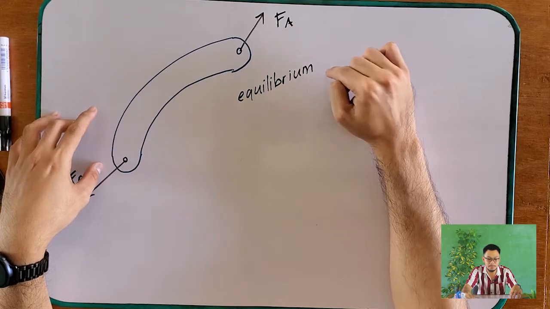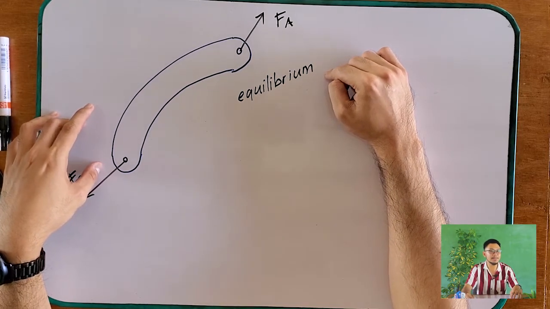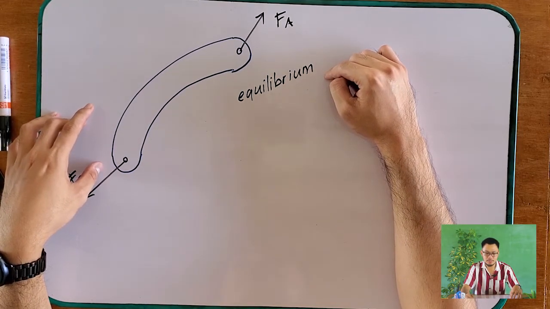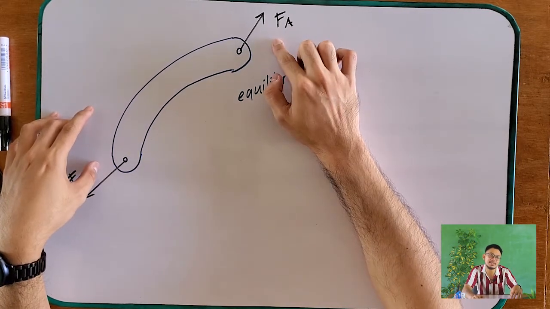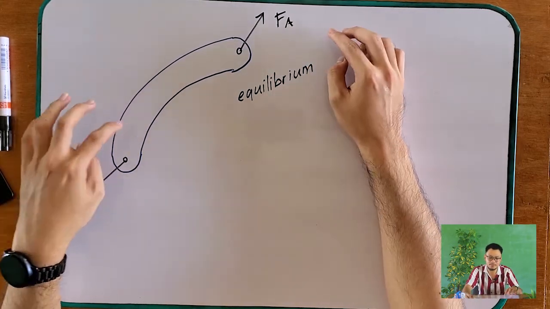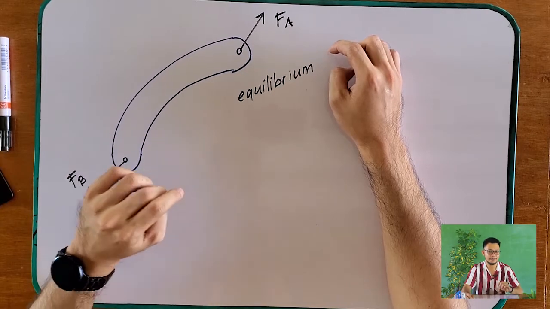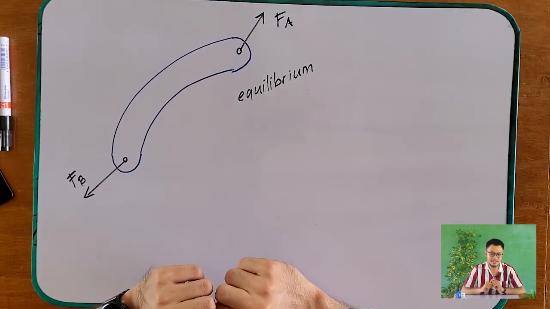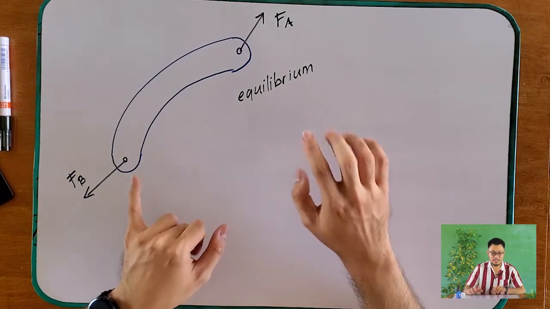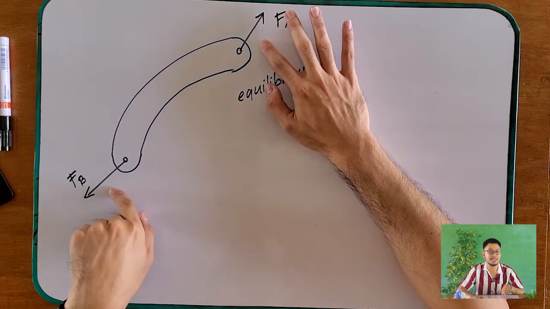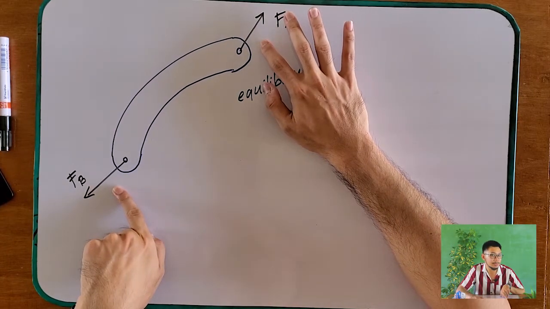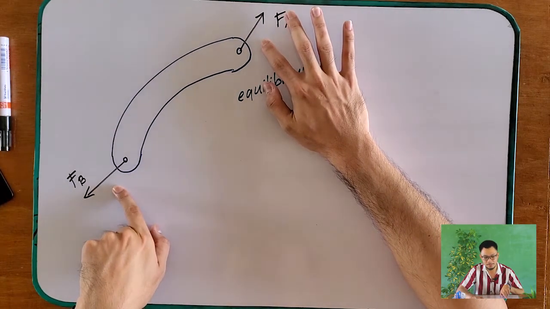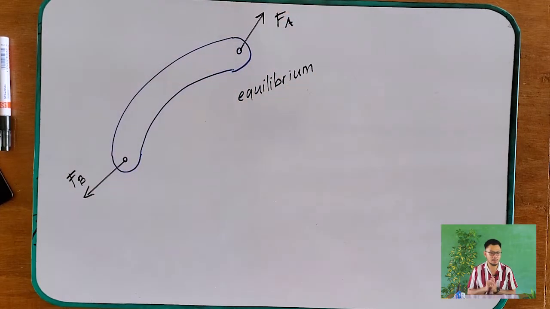If it is in equilibrium, then what can you conclude about these two forces if this is a 2 force member? Again, if this member is in equilibrium, then the sum of these 2 forces must be equal to 0. So what can we conclude in this case?